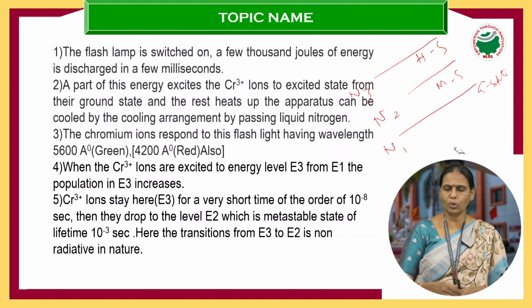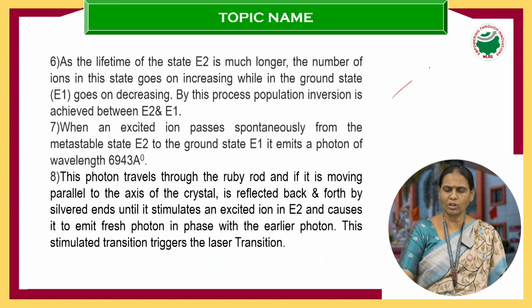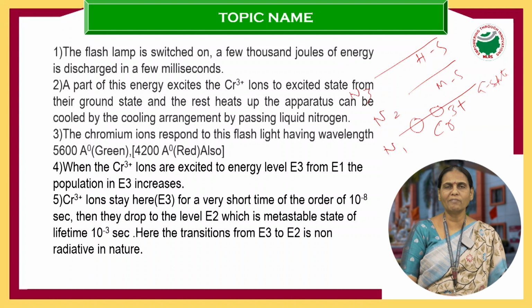Here we are taking chromium ions. Chromium consists of a 3 energy level system, named the G state, M state, and H state. Initially, chromium ions are sitting in the lower energy state. Once the switch is on and the power source is on, the xenon flash lamp automatically produces energy in the form of heat.